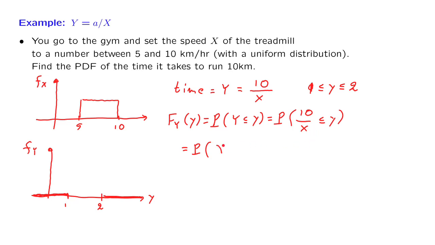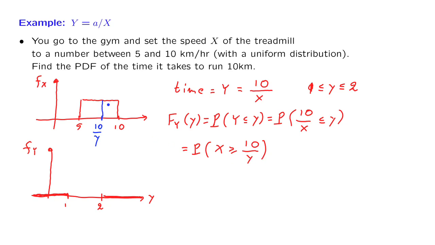This is the probability that x is larger than or equal, after we move the little y also to the left-hand side, x being larger than or equal to 10 over little y. Now, y is between 1 and 2. 10 over y is going to be a number between 5 and 10. So 10 over y is going to be somewhere in this range. We're interested in the probability that x is larger than or equal to that number.